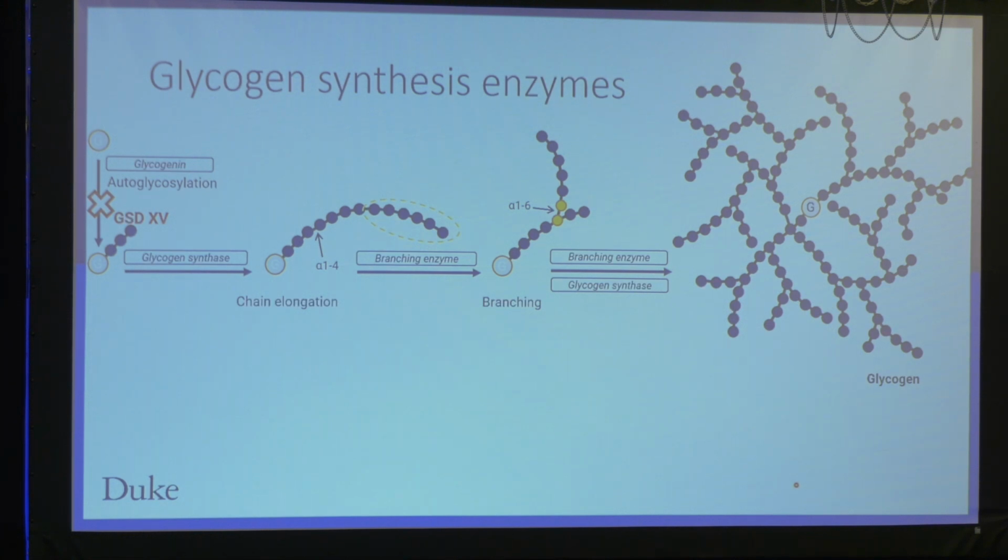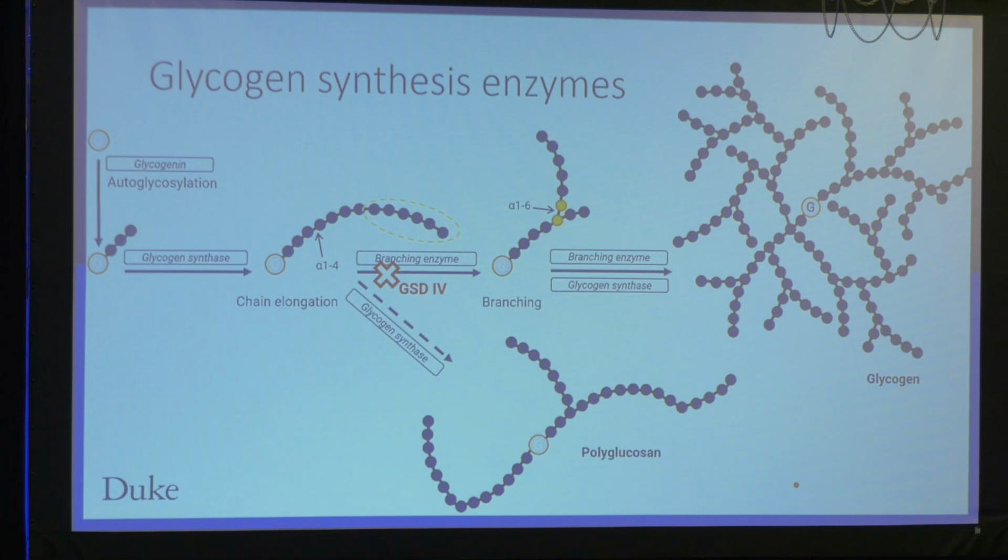Now, when you have a problem with autoglycosylation, you have GSD type 15, and I know there are some families here. So again, a newly recognized condition, which we did not know much about. When you're missing glycogen synthase, you have glycogen storage disease type 0. And when you're missing the branching enzyme, you have glycogen storage disease type 4.